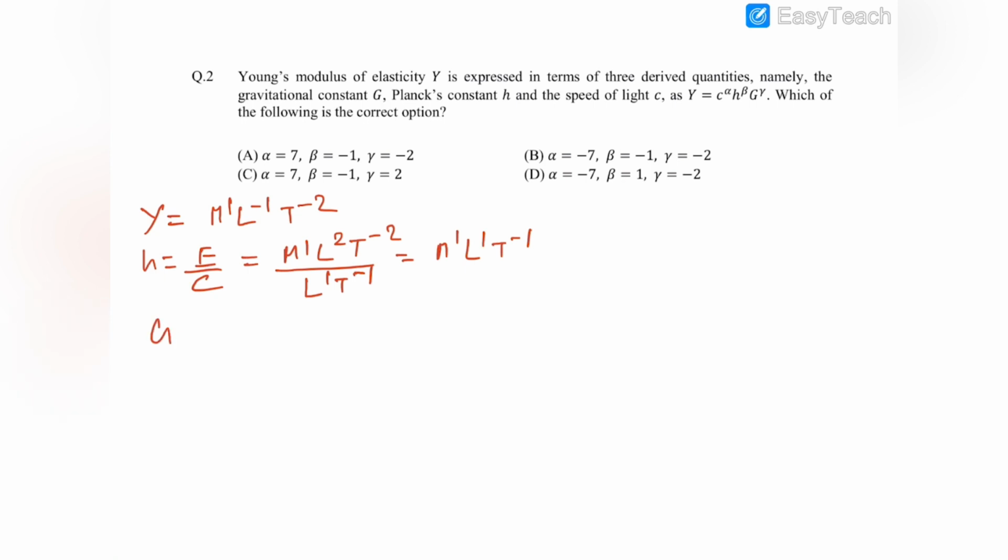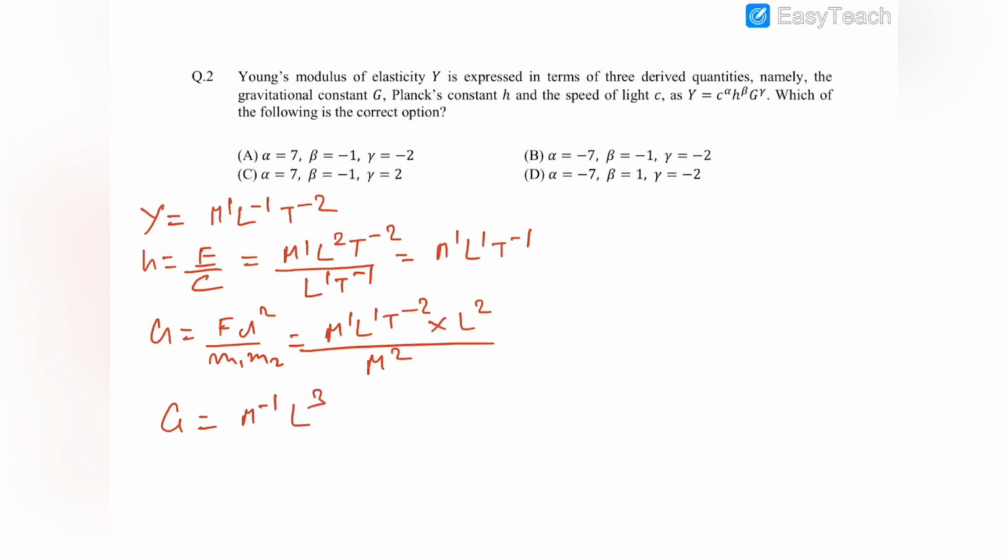Now the dimension of G, which is the universal gravitational constant, G is F r square by M1 M2. So F is M1 L1 T minus 2 into r square is L2 divided by M square. So G is M minus 1 L cube T minus 2.